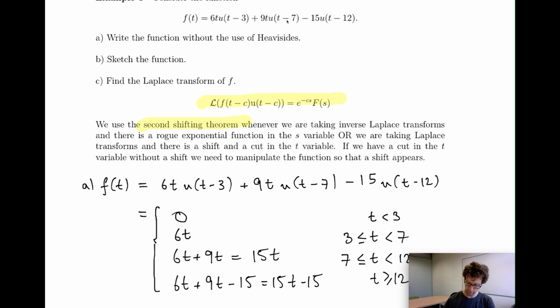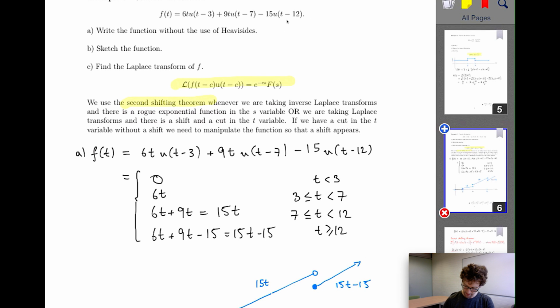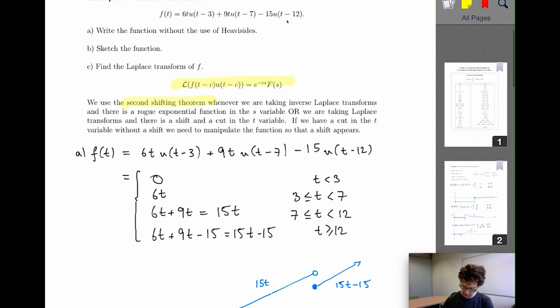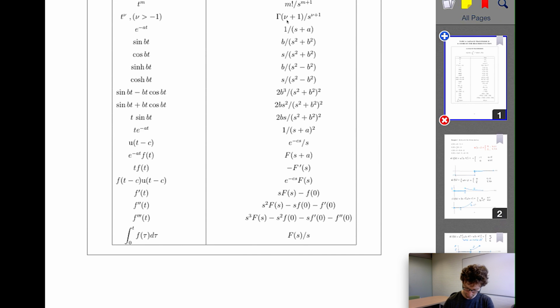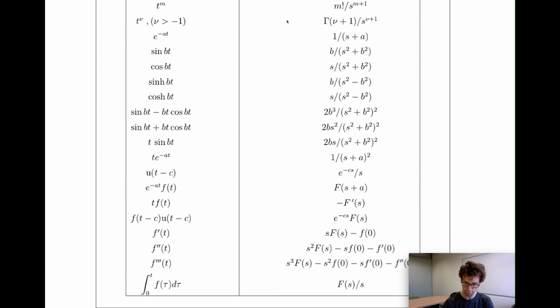You might remember, or you might have noticed from the Laplace transform tables, that there is actually an entry for a function of t that looks like that. For example, if I've got t times a function of t, its Laplace transform would be minus the derivative with respect to s of the Laplace transform of f of t.